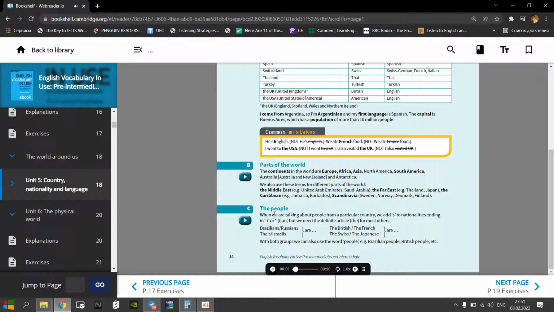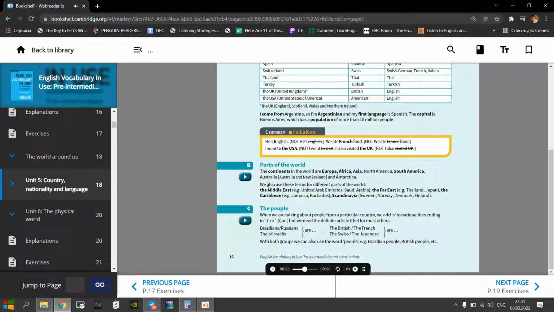C. The people. When we are talking about people from a particular country, we add S to nationalities ending in I or IAN. But we need the definite article, the, for most others.